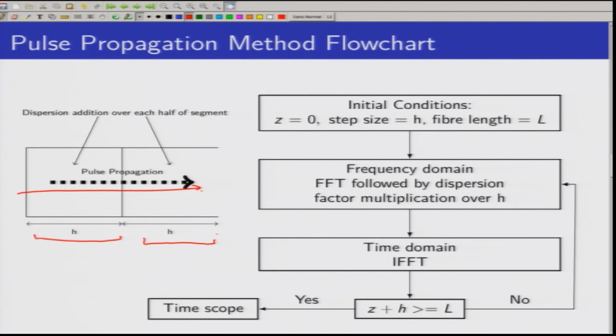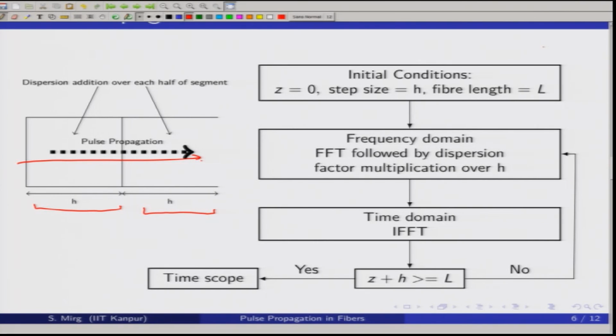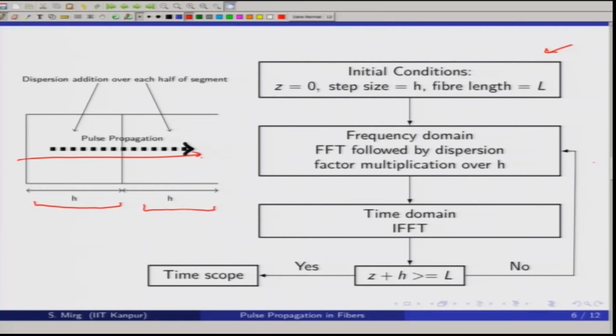Coming to the flow chart, we have an initial condition where z is equal to 0, which is the start of the optical fiber, and then we have step size equal to h, and the net fiber length over which the pulse will propagate is given by L. The next step involves taking the Fourier transform and multiplying it by the dispersion factor, which was given in the previous slide.